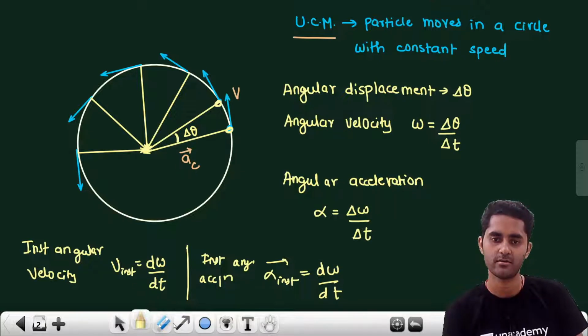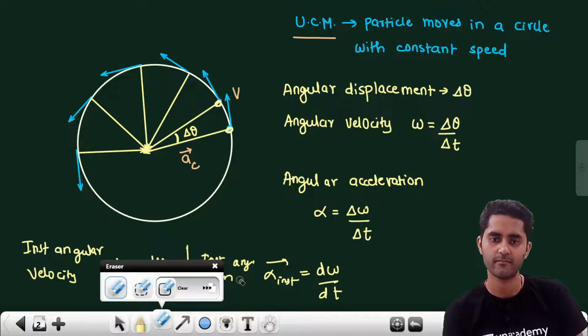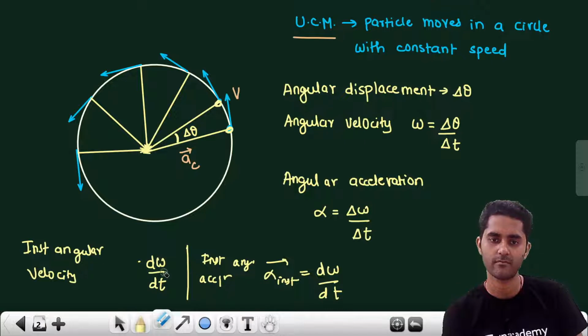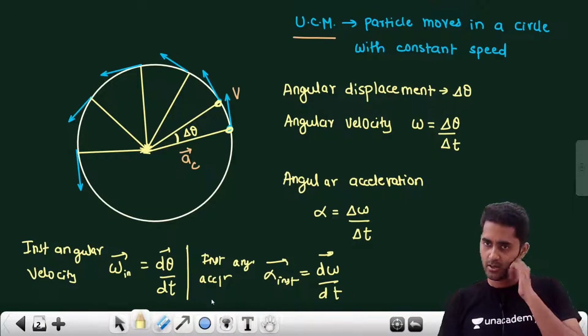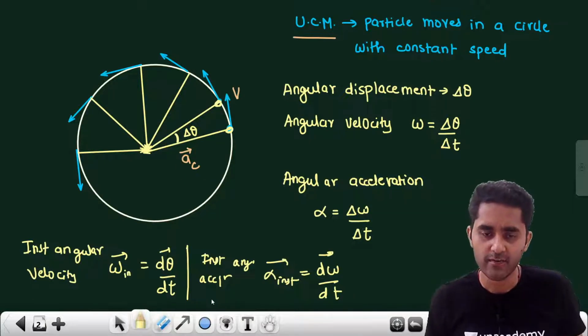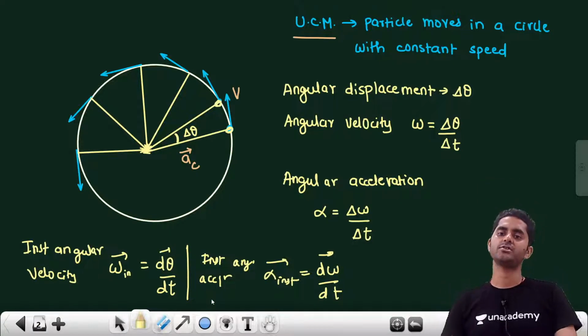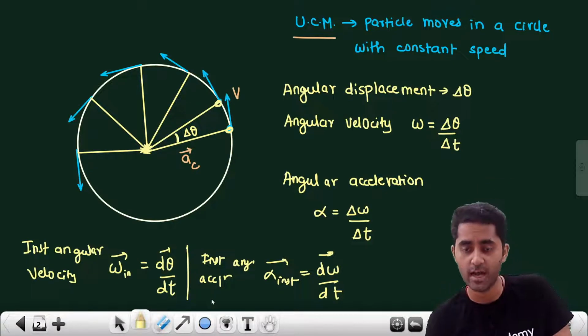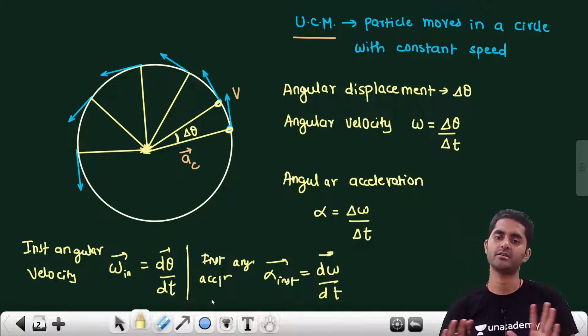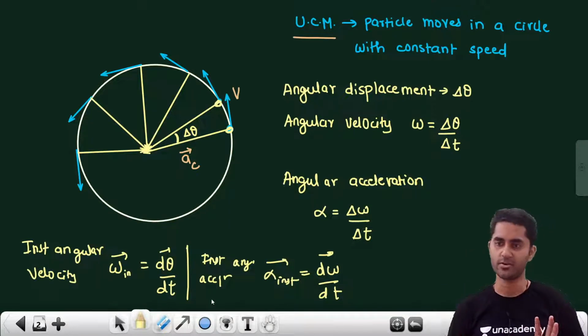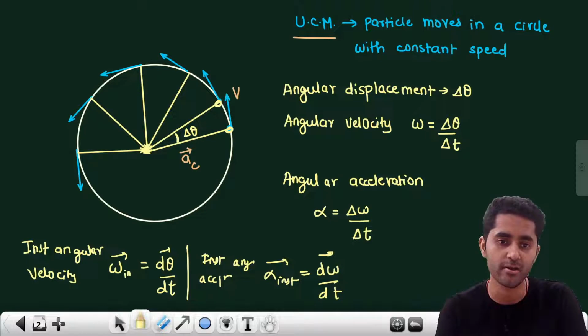Sorry, this I have written wrong. Instantaneous angular velocity omega instantaneous is d theta by dt, and instantaneous angular acceleration is d omega by dt. So we have instantaneous angular velocity, instantaneous angular acceleration, average angular velocity, average angular acceleration. So these are the quantities that we have in circular motion. They are called angular quantities.